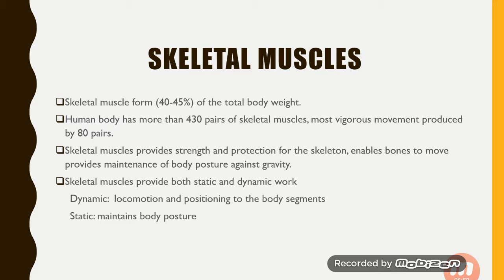The skeletal muscles form about 40 to 45% of the total body weight, and human beings have 430 pairs of skeletal muscles, but out of 430, the most vigorous movement is produced by 80 pairs.